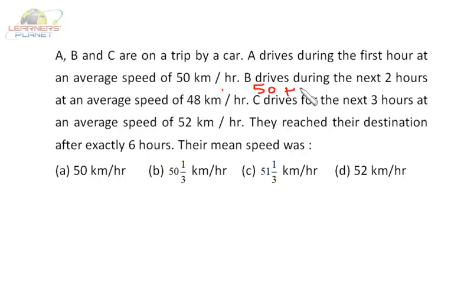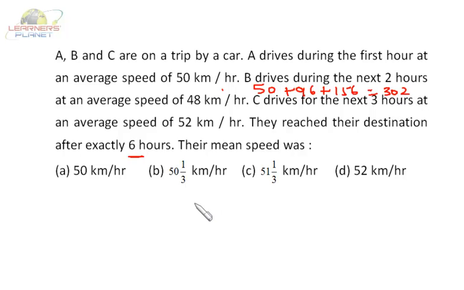That means 96 km. Then C drives the next 3 hours at 52 km per hour. That means it is 156. Now this is the total distance of the journey and this is the total time of the journey. So we can calculate the average speed. And the total distance is 50 plus 96 plus 156 is 302 kilometer.